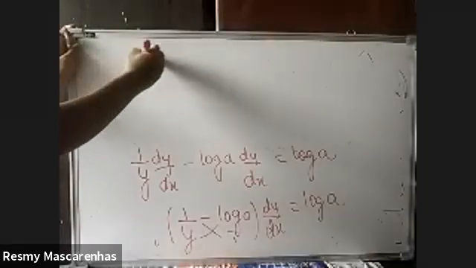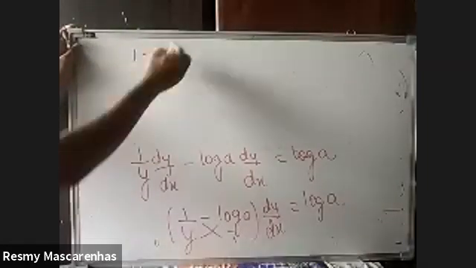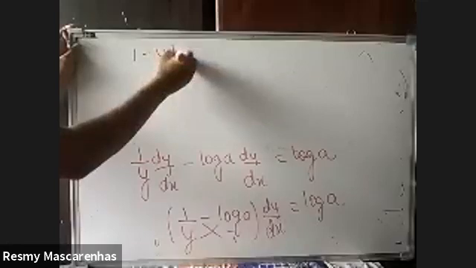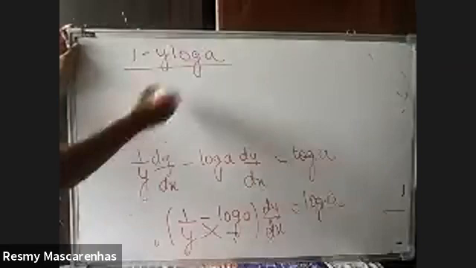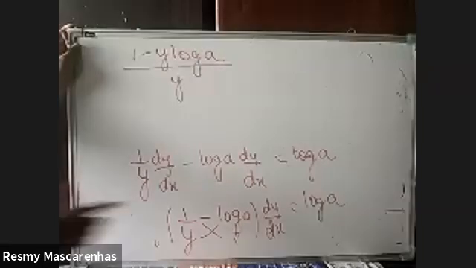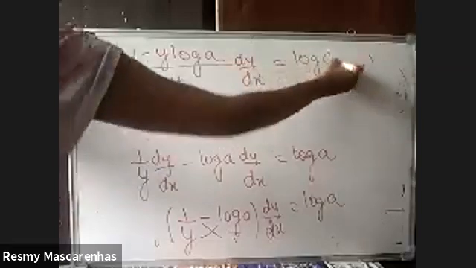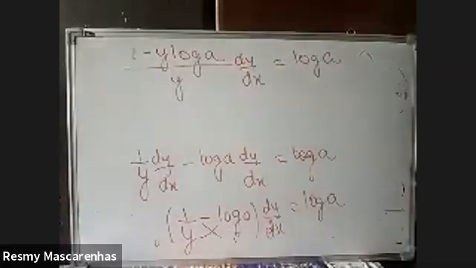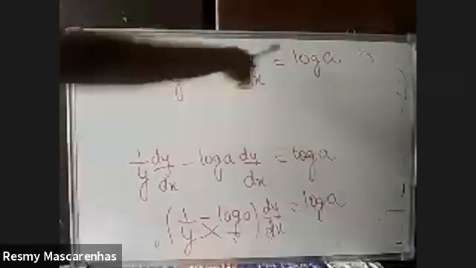When you cross multiply, y will get multiplied here, upon y. And the final step, keep dy by dx there only. Take the remaining terms on the other side.